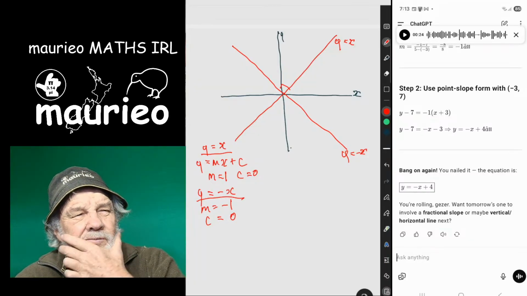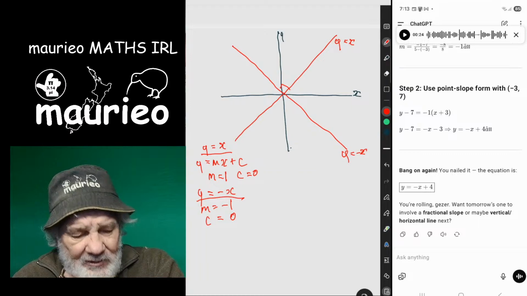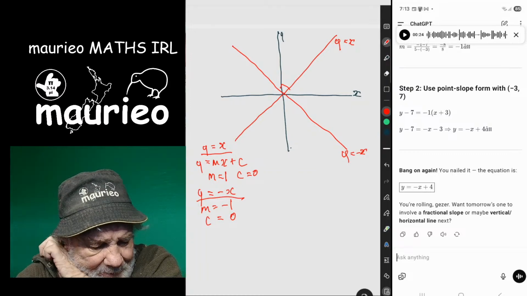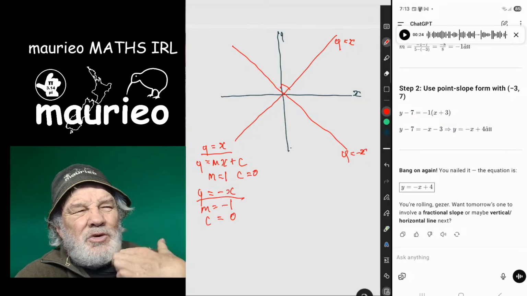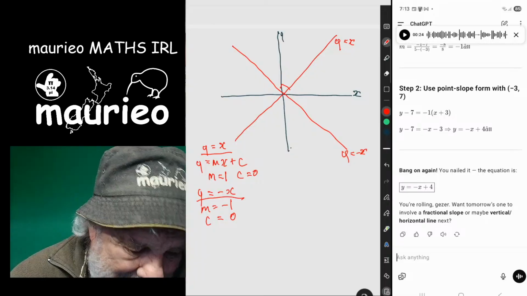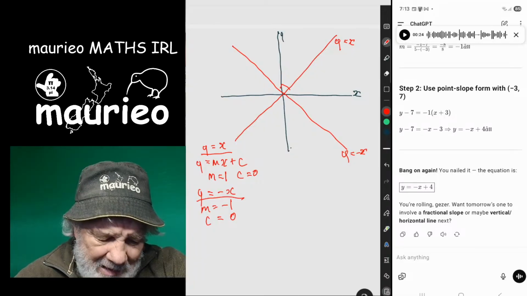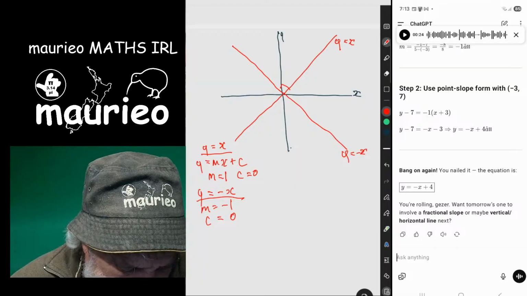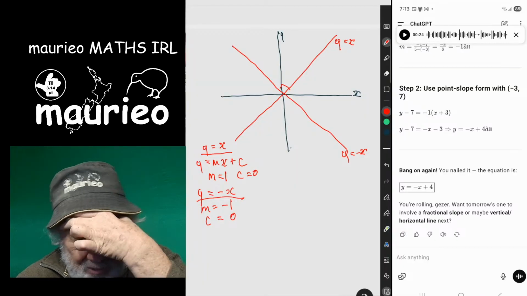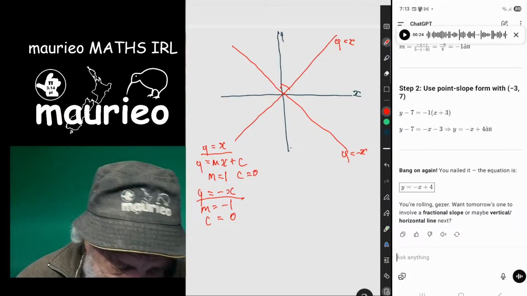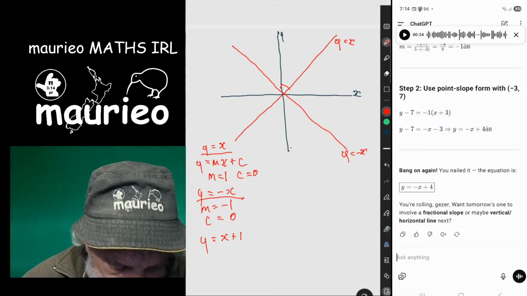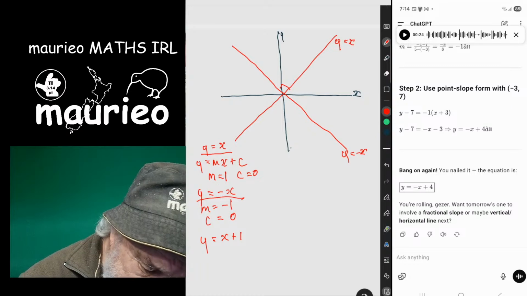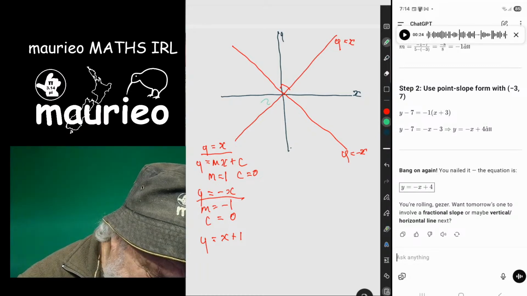Right, so sometimes we want to translate a graph up or down or to a different place on the plane. So if you look at the graph y equals x plus 1, that'll move the graph of y equals x.